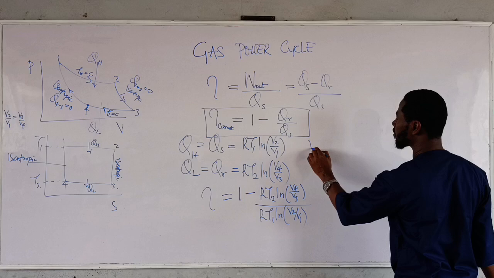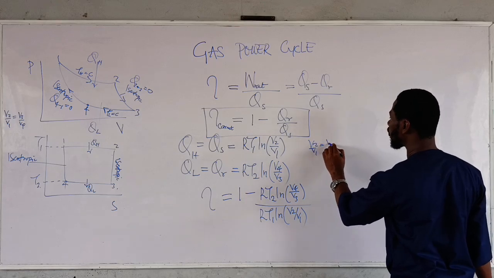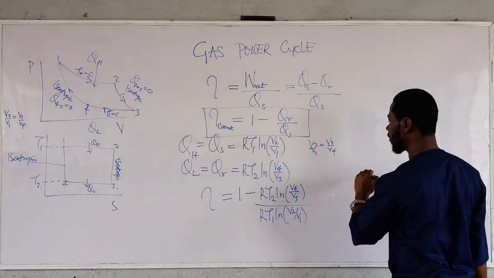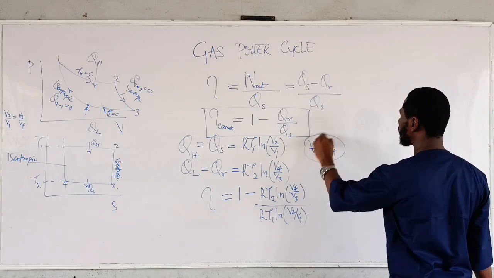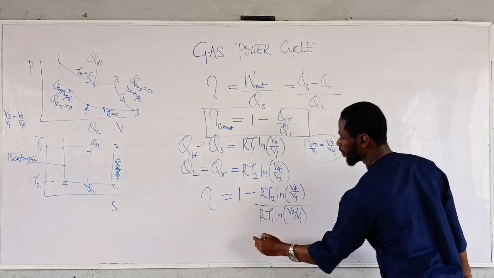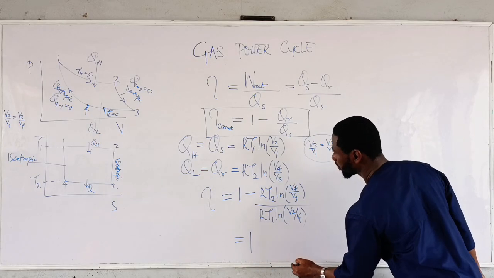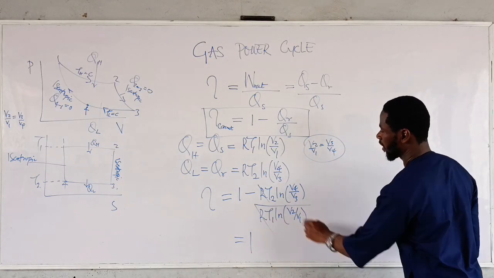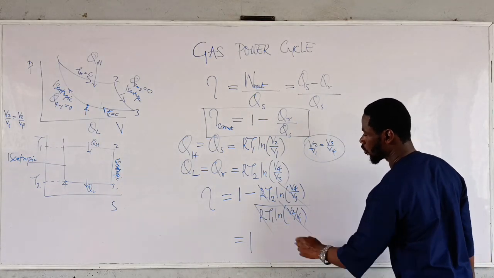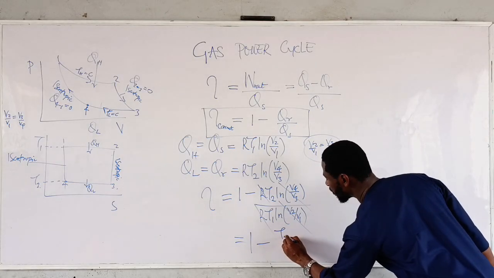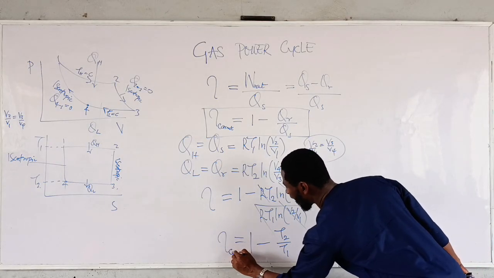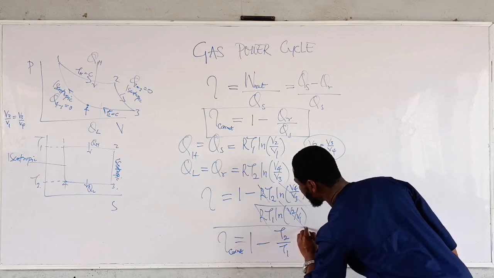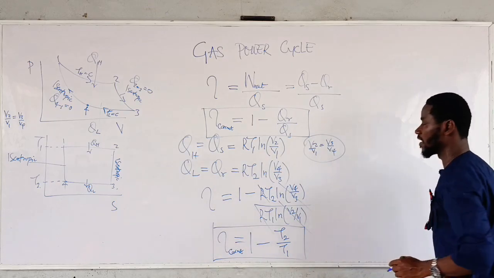V2 over V1 equals V3 over V4. So go back. Something is common at this level, this cancels this, everything here goes out. You are left with 1 minus T2 over T1. So that is the Carnot cycle efficiency mathematical representation.